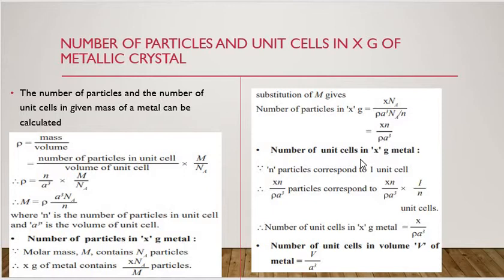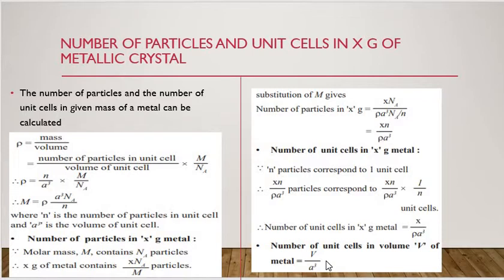Number of unit cell in x gram, directly you can calculate with the help of formula x upon rho a cube. And the last, number of unit cells in volume V of metal. So number of unit cell would be calculated by the formula V upon a cube.